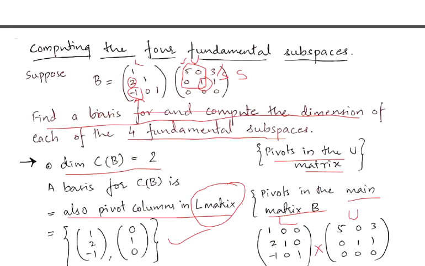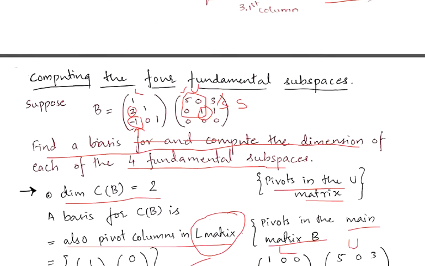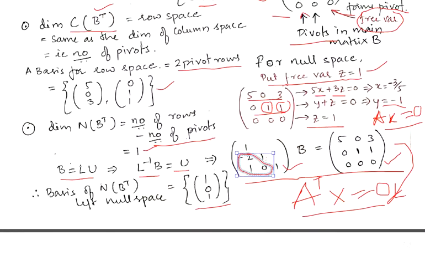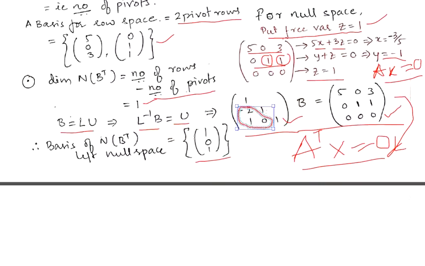So in the question it is positive 2 and negative 1. Here I am taking L inverse as negative 2 and positive 1. So our vector becomes 1, 0, 1, right? So we have found all the four fundamental subspaces, their dimensions, and the corresponding column vectors or row vectors.